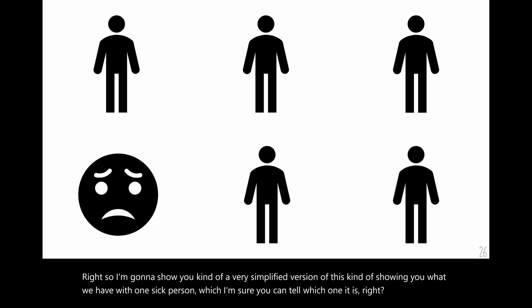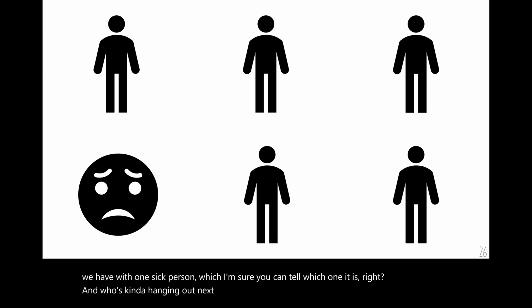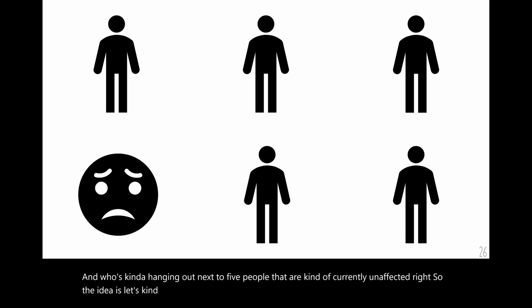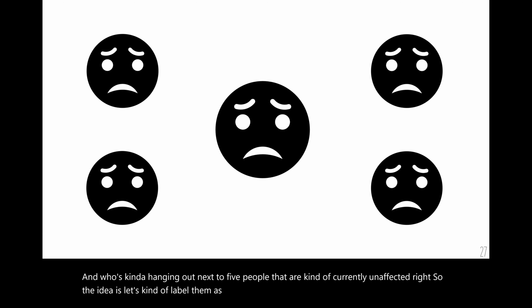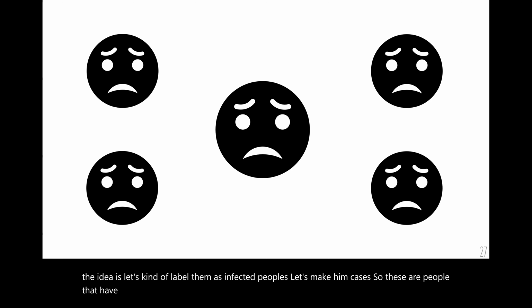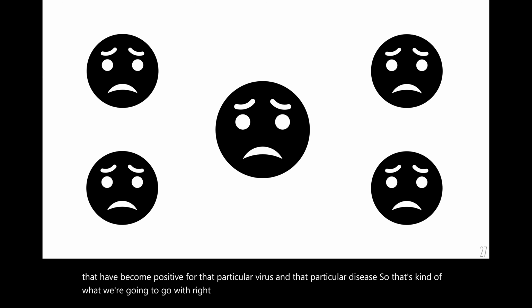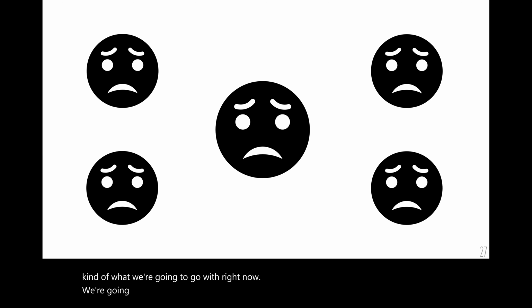And who's hanging out next to 5 people that are currently uninfected, right? So the idea is, let's label them as infected people. So let's make them cases. So these are people that have become positive for that particular virus and that particular disease. So that's what we're going to go with right now. Now, what we're going to do is take those 5 people and give you 4 different scenarios of what CFRs and R naughts really mean.